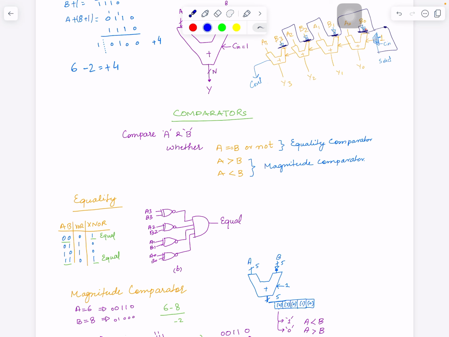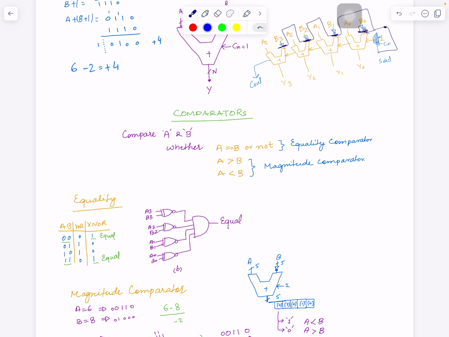Anyway, we will touch on computer architecture when I get there, but right now think of all these as basic key components that you can put in an arithmetic logic unit of a microprocessor, and then that unit is fixed and you can use it for different basic operations, and using basic operations you can do a lot of complex operations. So these are the three key things in comparators.